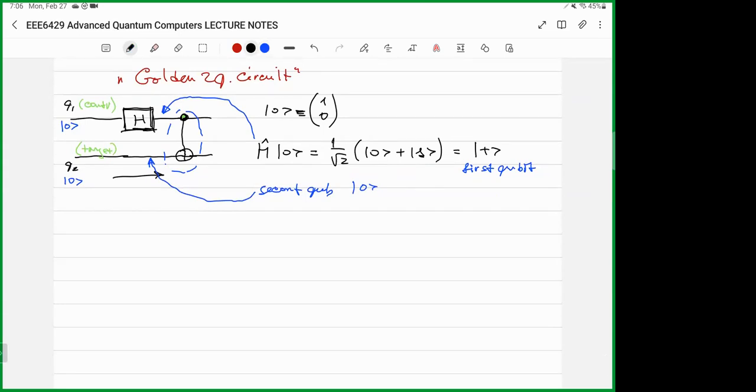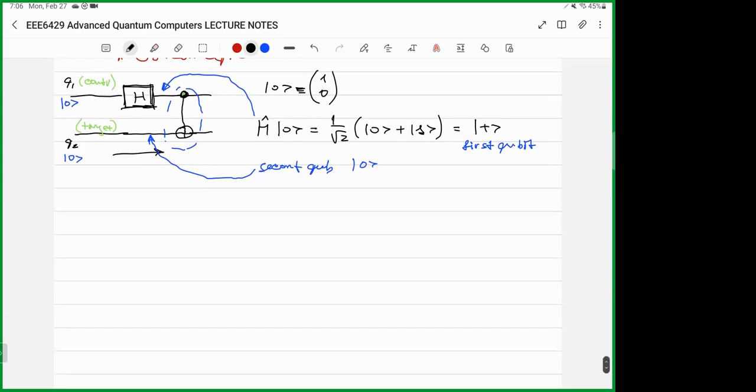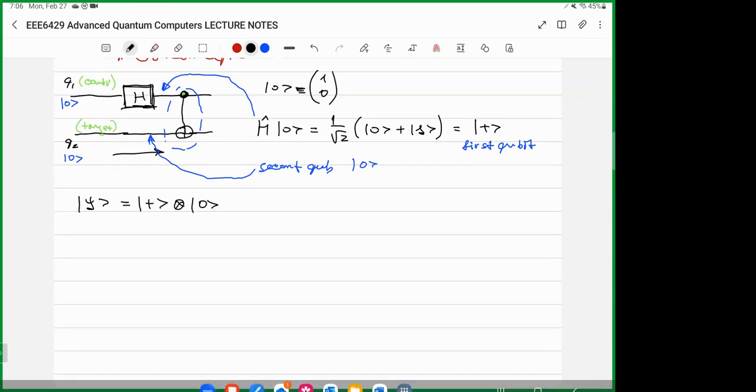But then this two-qubit gate applies, and it applies to the state of the two qubits combined. In order to get this, I have to write the tensor product of the two. The first one is in the state plus, tensor product with state 0. Again, this is the first qubit, this is the second qubit before the CNOT gate.